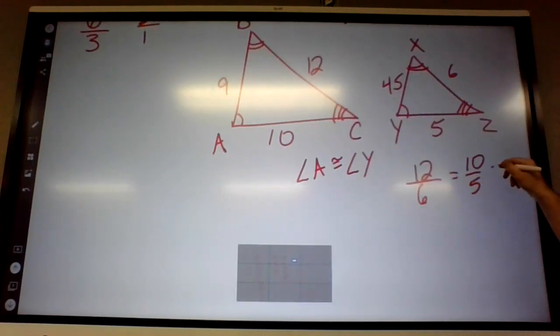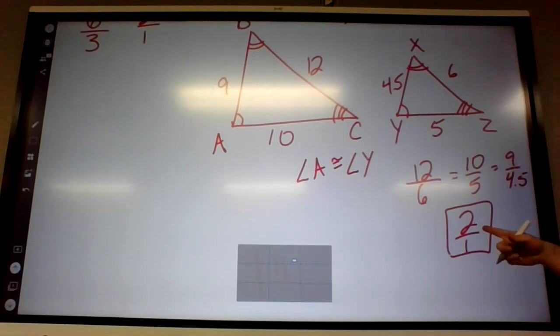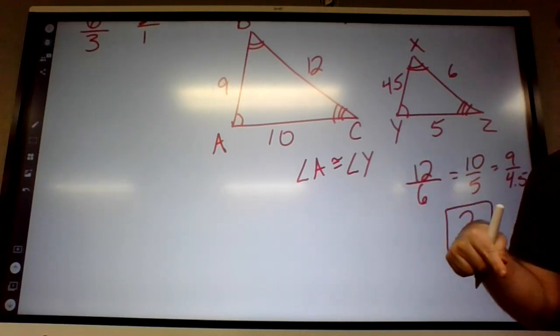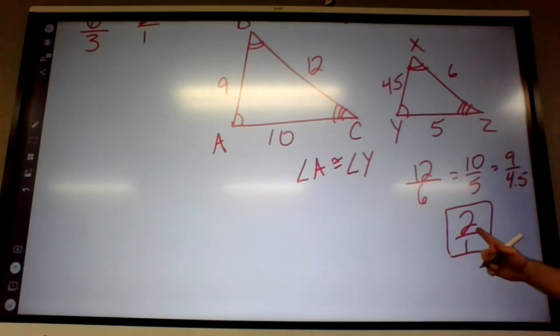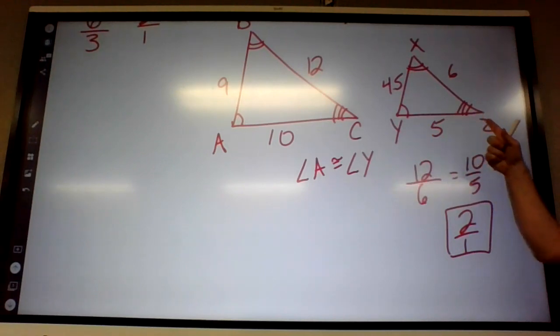All of these, including 9 over 4.5, reduce to 2 to 1. That ratio they reduce to is called the similarity ratio. Some books call it scale factor. It just means the ratio of any corresponding sides in similar shapes.